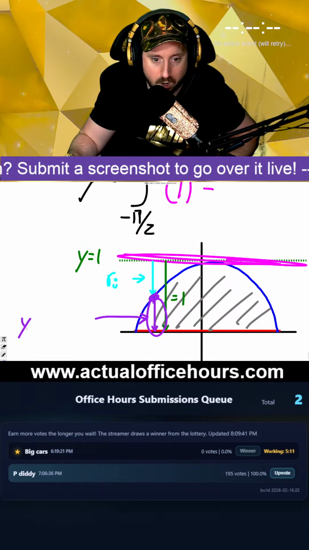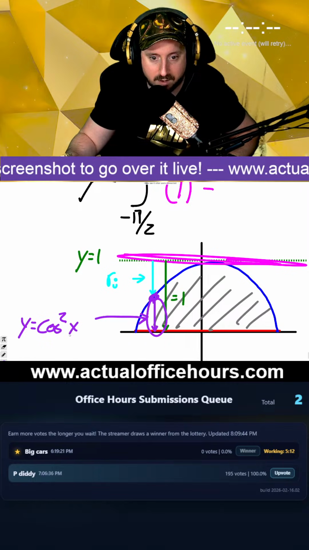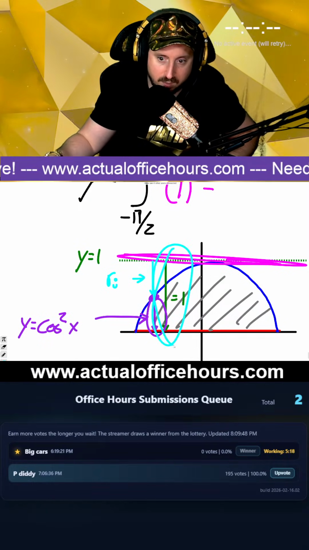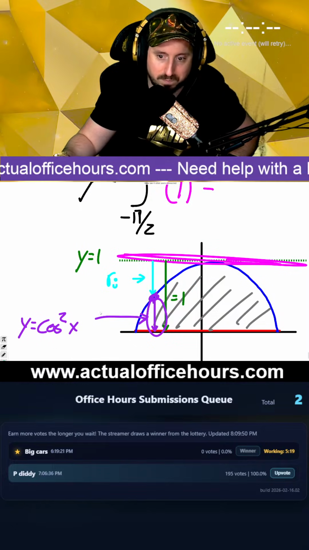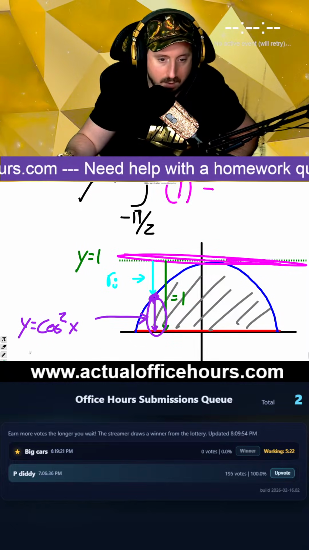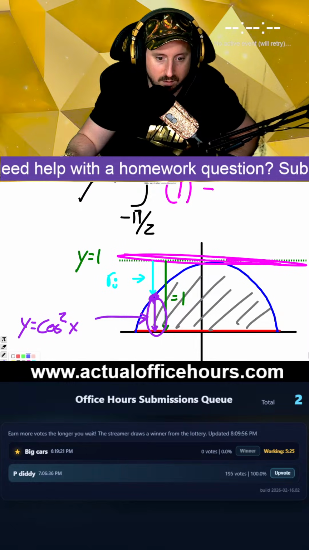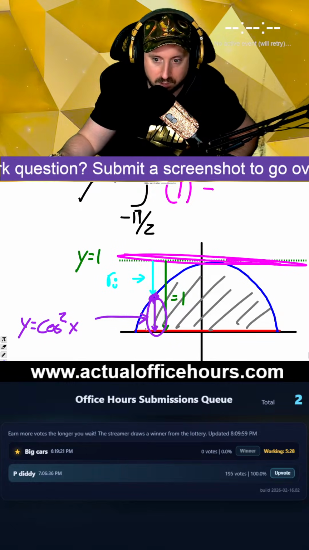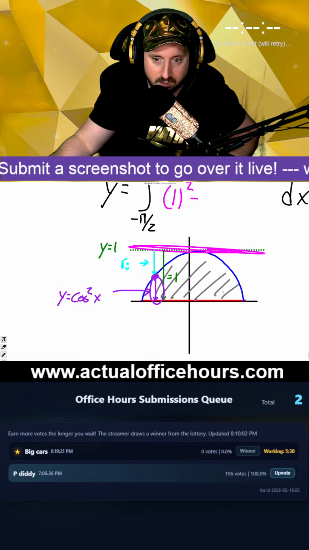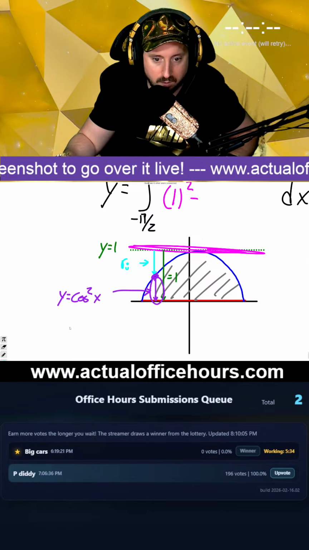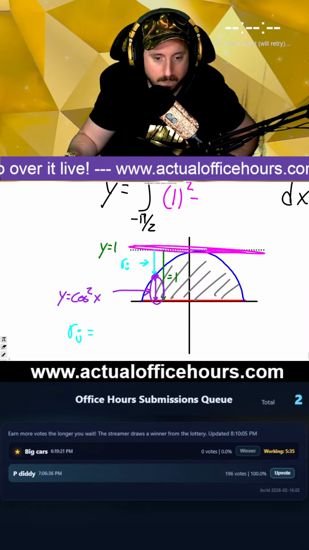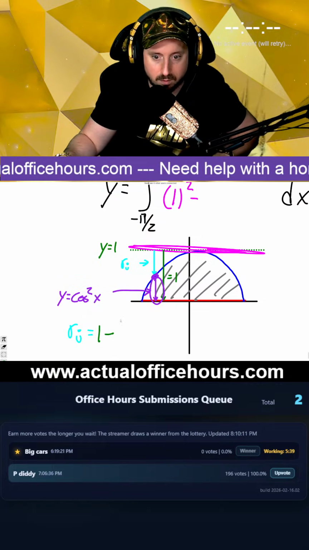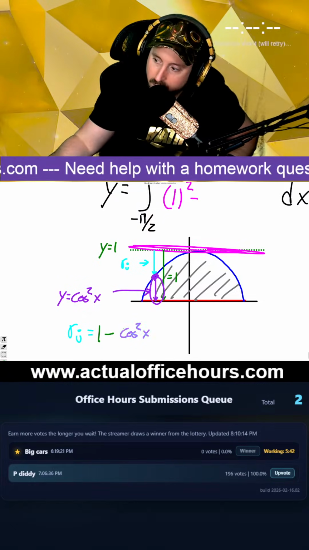And so that's equal to y is equal to cosine squared of x. So if I want the inner radius, I need this big radius, 1, minus this smaller distance, which is from the function to the x-axis. And so you end up getting that r inner is equal to 1 minus cosine squared of x. Okay?